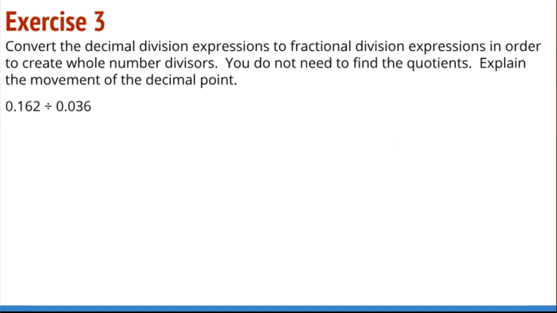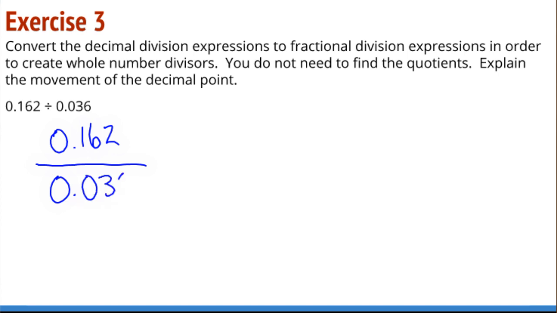All right, exercise 3. Same process here. All right, so I've got 162 thousandths. And I've got 36 thousandths.